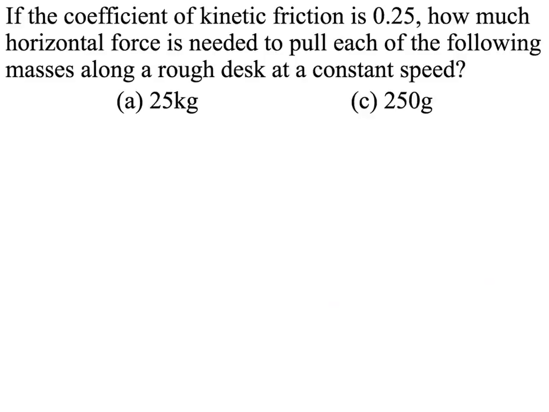If the coefficient of kinetic friction is 0.25, how much horizontal force is needed to pull each of the following masses along a rough desk at constant speed? Again, the key term is constant speed. If it's constant speed, then we know that F applied is going to equal Fk. So for both, we can use Fk equals Fn times mu k.